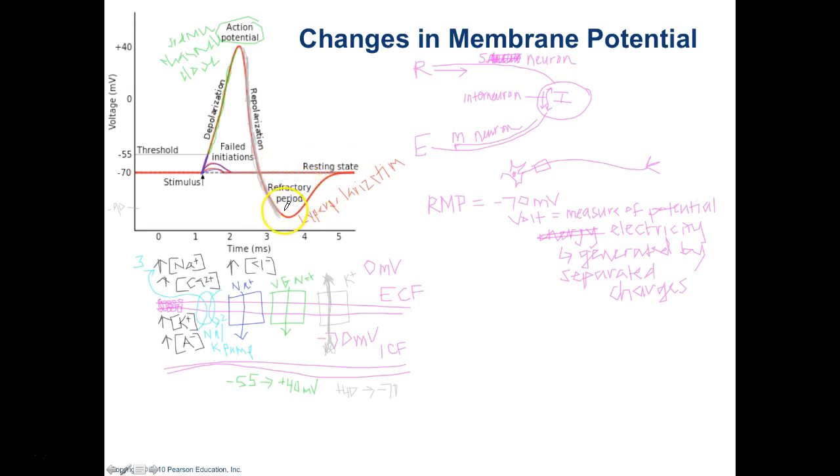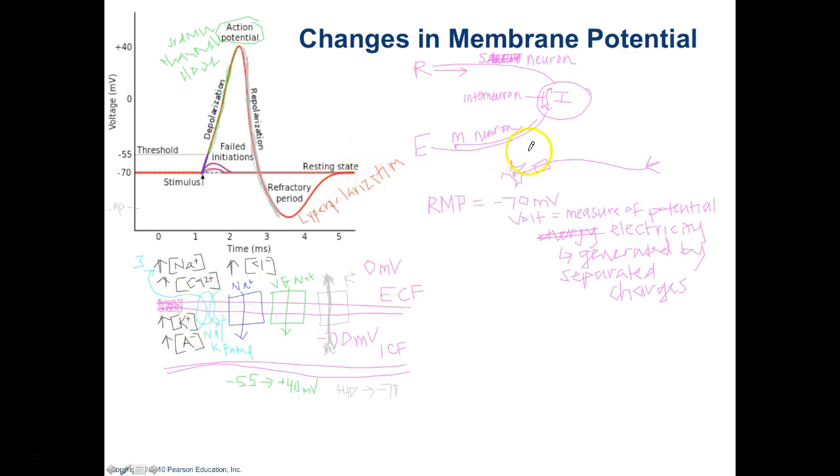That means that it's going to be more difficult to get an action potential to occur for a stimulus to cause the inside of the cell to become more positive again and reach this threshold at this point, because our cell is super negative now. And the reason for that is so that we wait until the inside of the cell becomes negative 70 again, that resting membrane potential via the sodium potassium pump.